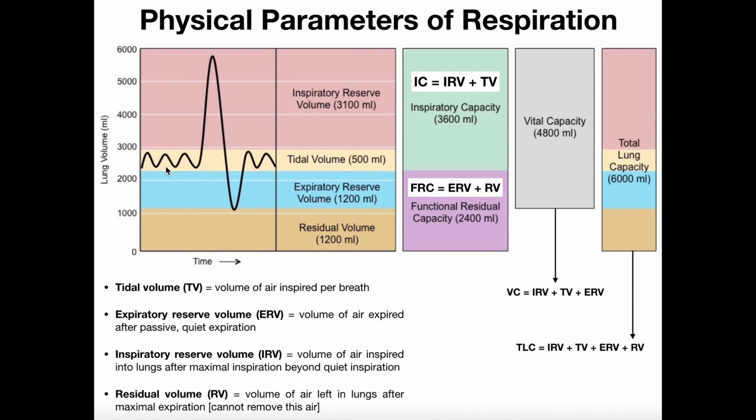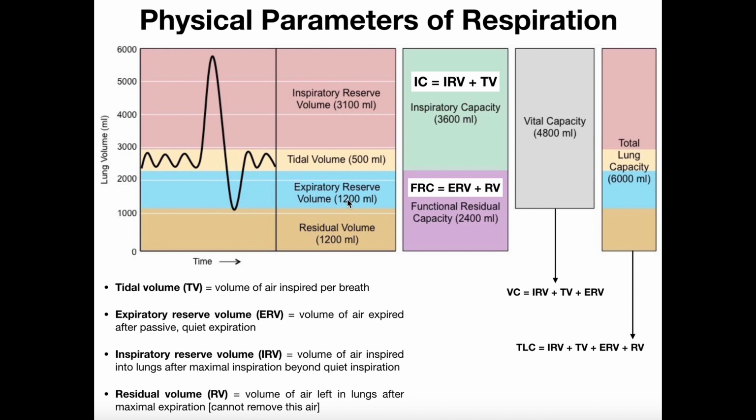So you're just breathing and then you exhale out as much as you can. That amount that you exhale above what you've already exhaled during the passive breathing is the expiratory reserve volume.